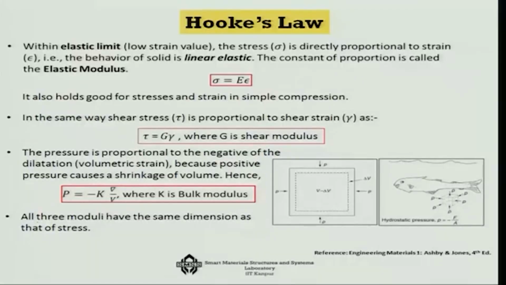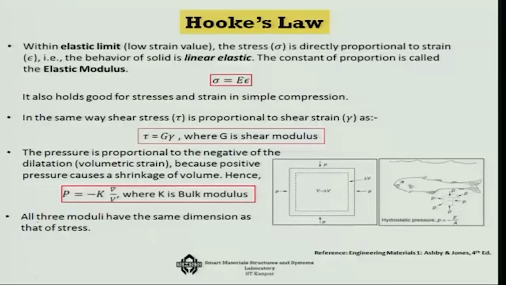Okay. So, Hooke's law can be considered as a relationship between a single stress factor and a single strain, or in a generic sense between a stress tensor and a strain tensor.